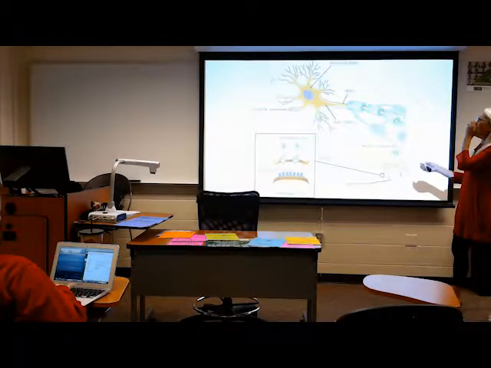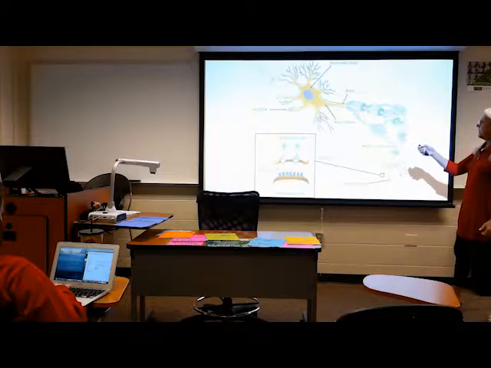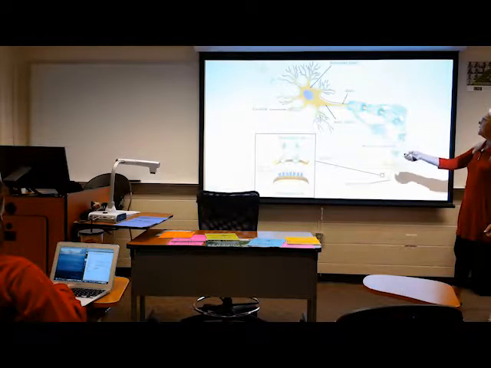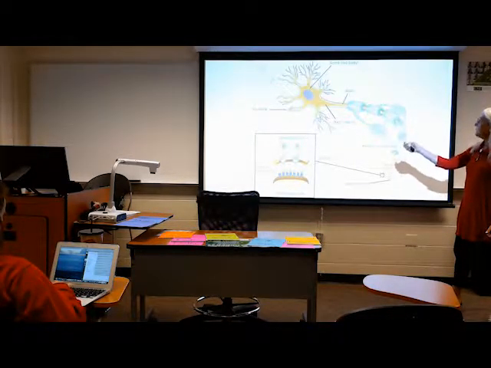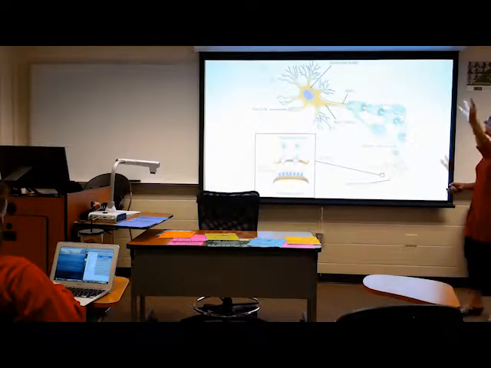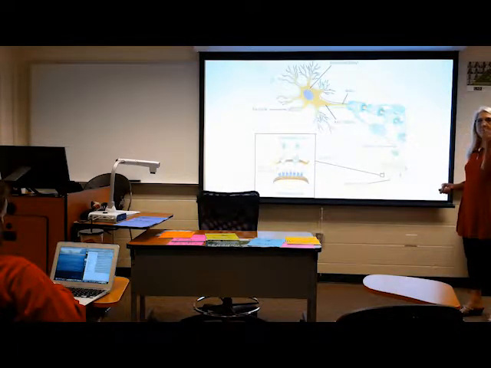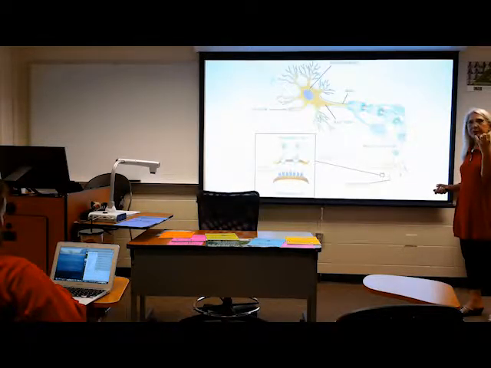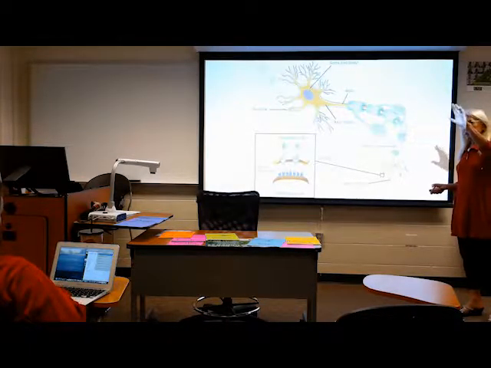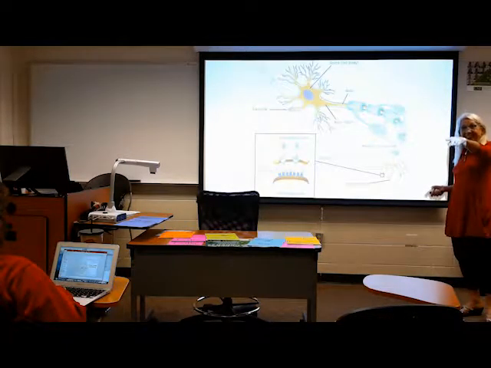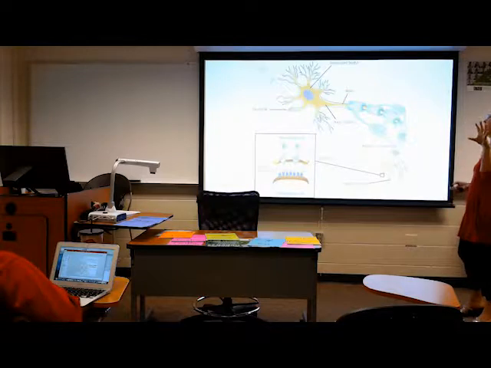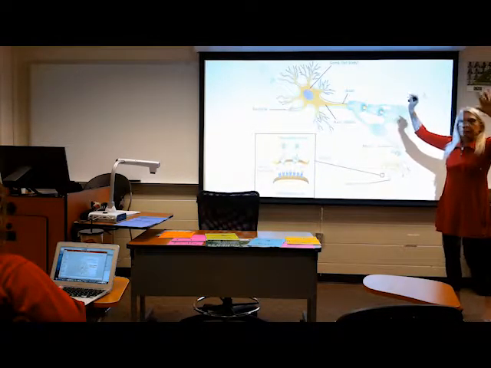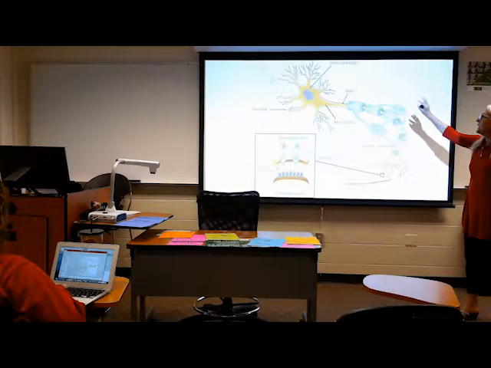Then somebody is going to be the dendrites. This is what happens when the brain is trying to think and take in information through experience: these dendrites are always reaching out and hoping for some kind of connection.